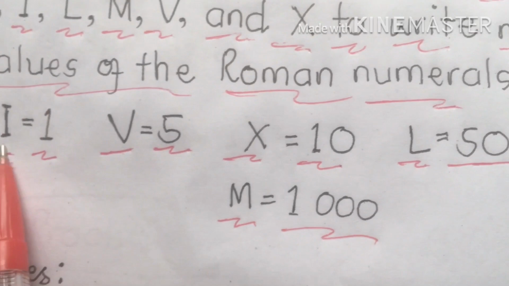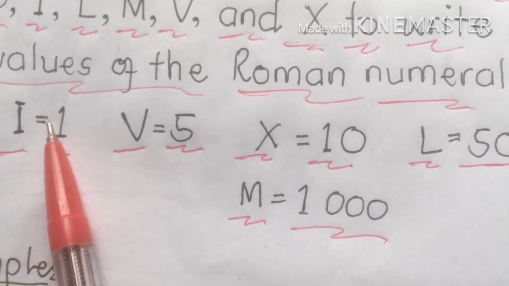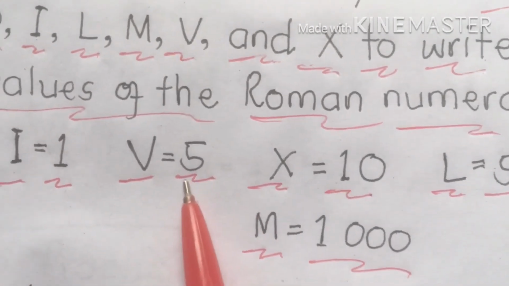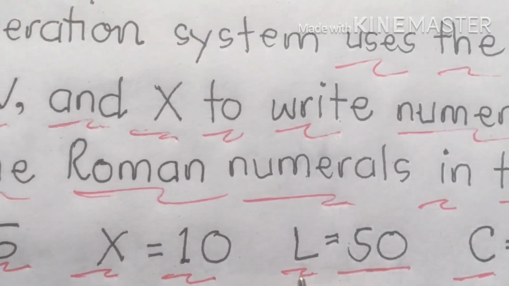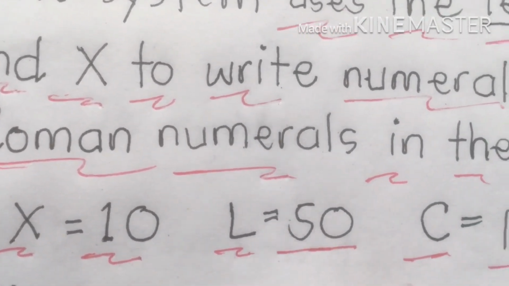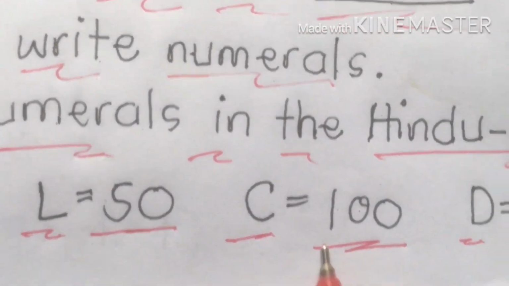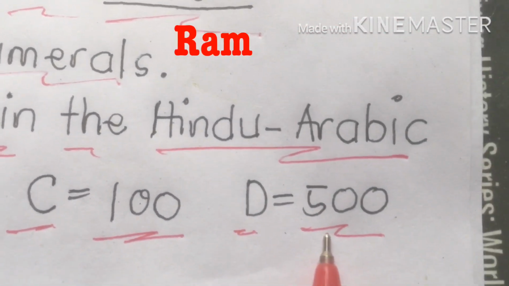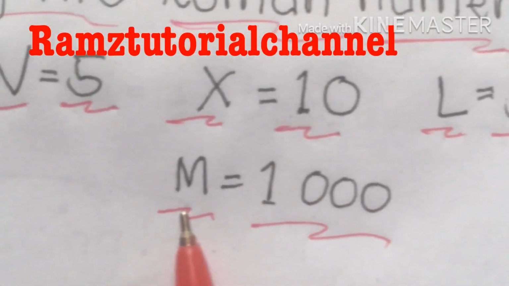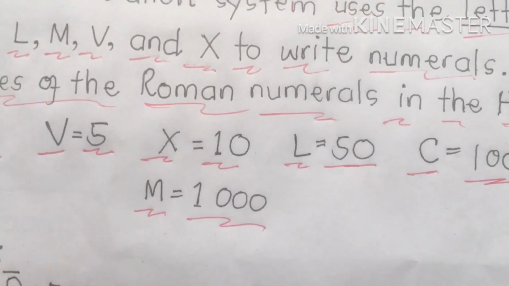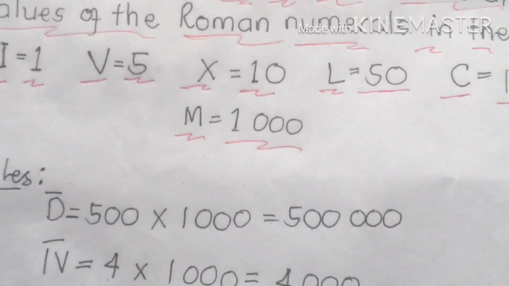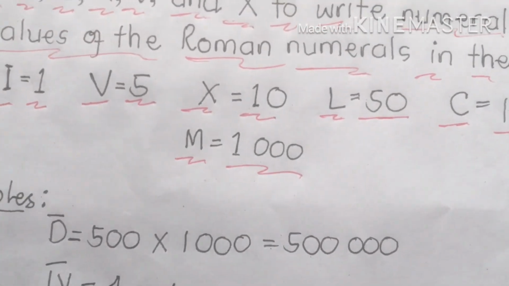Again, I 1, V 5, X 10, L 50, C 100, D 500, M 1000. Those are the values of Roman numerals in the Hindu-Arabic system.